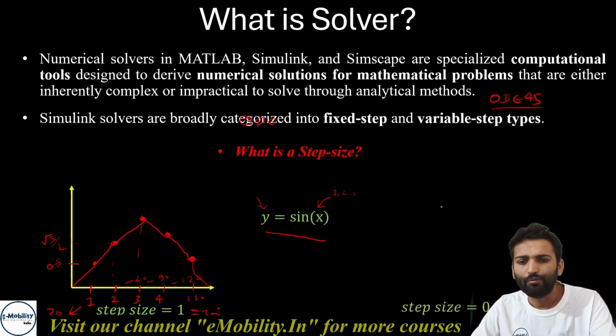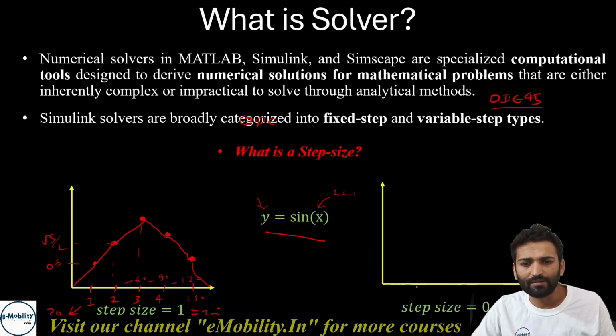What happens if we decrease the step size? If we decrease the step size, between 0 and 1 there will be 10 points, and between 1 and 2 there will also be 10 points, because the step size is 0.1.